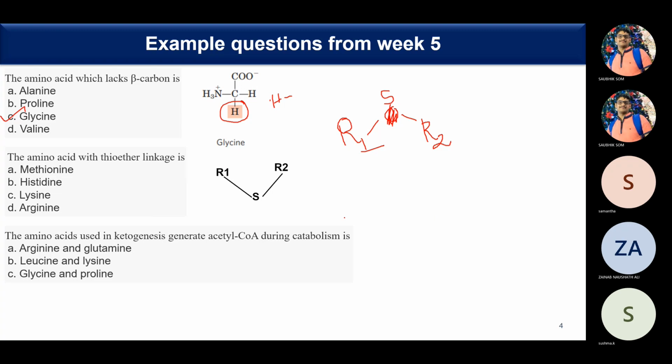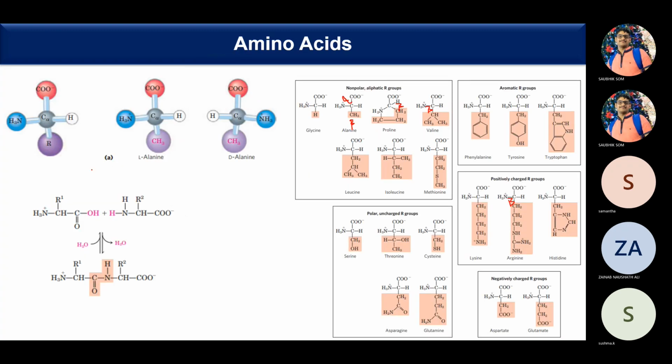There are two amino acids which have sulfur in the side chain: cysteine and methionine. If I go back to the structure, as you can see, this is cysteine, but it doesn't have a thioether linkage, and there's methionine.